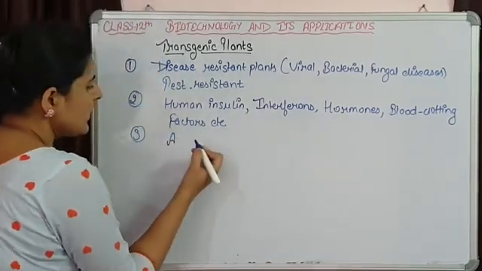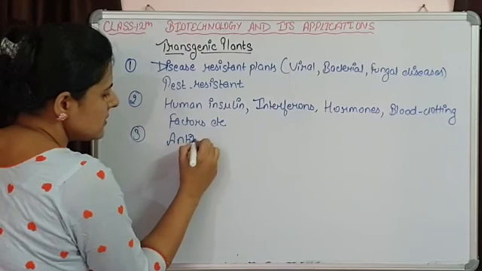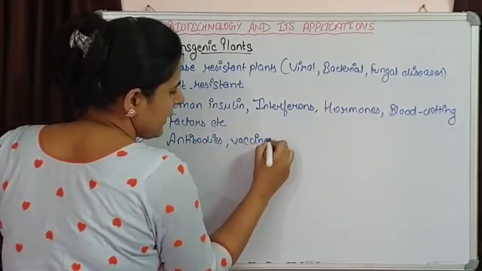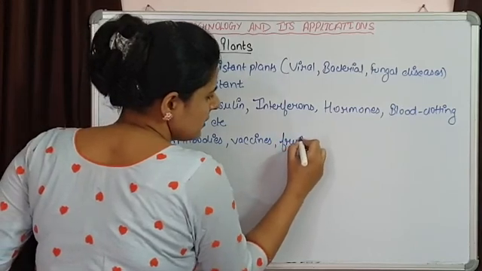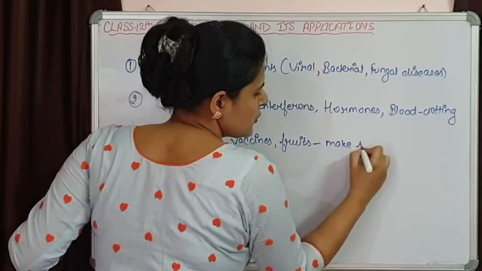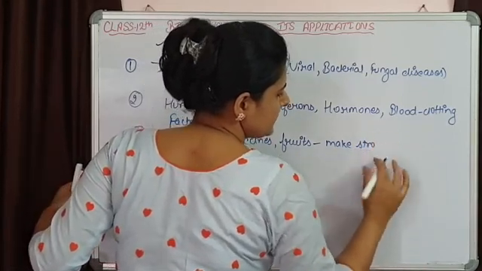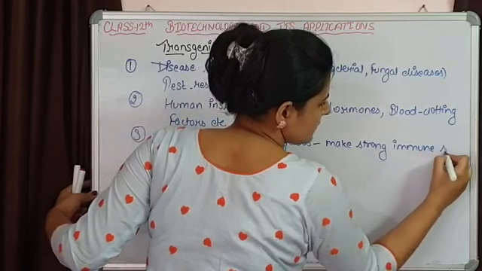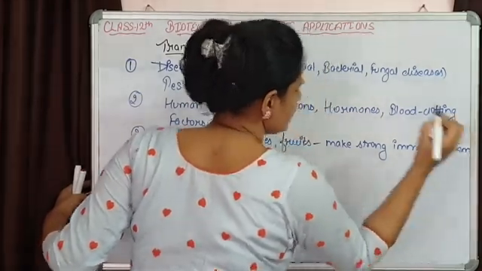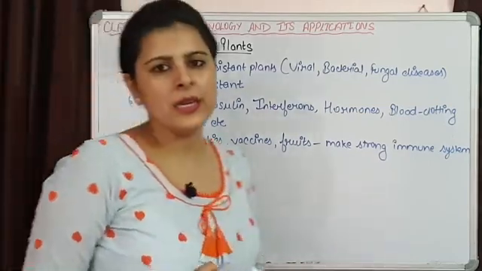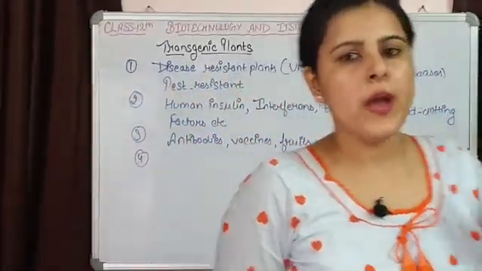They are going to be producing antibodies, vaccines, and fruits that make a strong immune system.